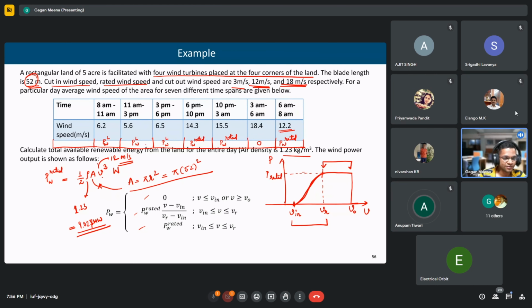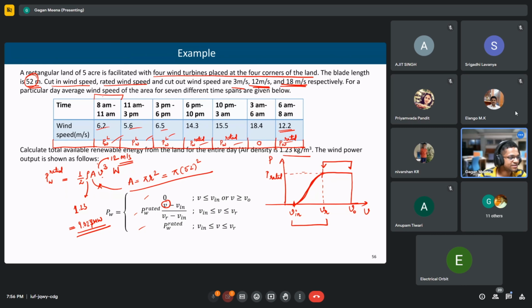So now you have to find these three values for each of these wind speeds, since we already calculated the rated one. Substitute V by 6.2, 5.6, 6.5 and you'll get three values. Then you have to calculate this for each duration.